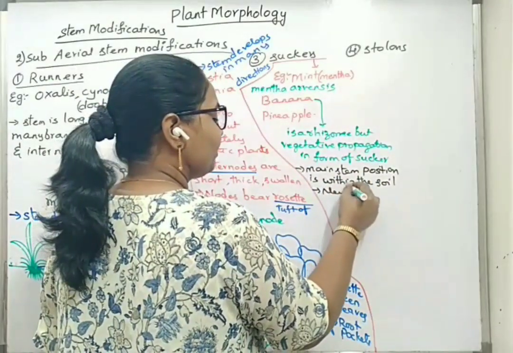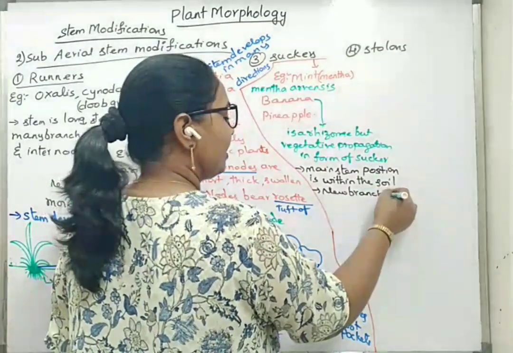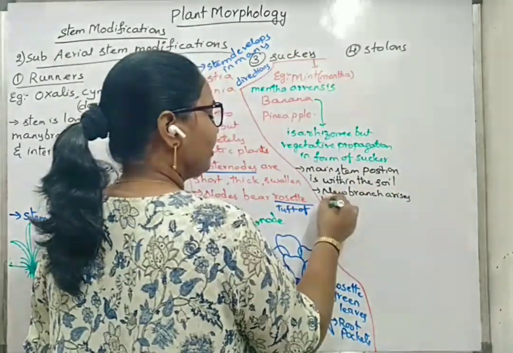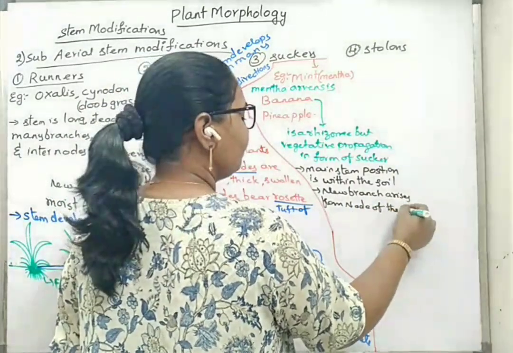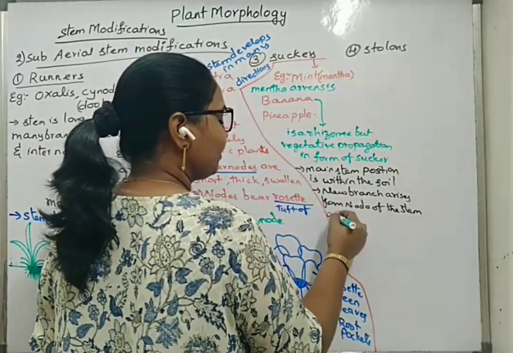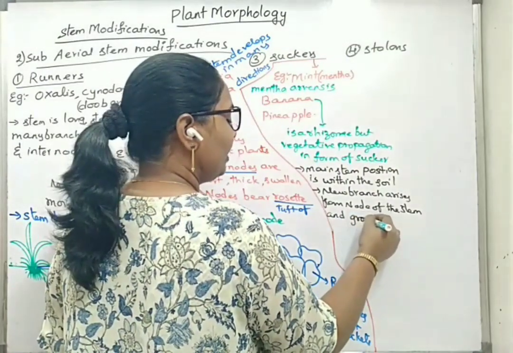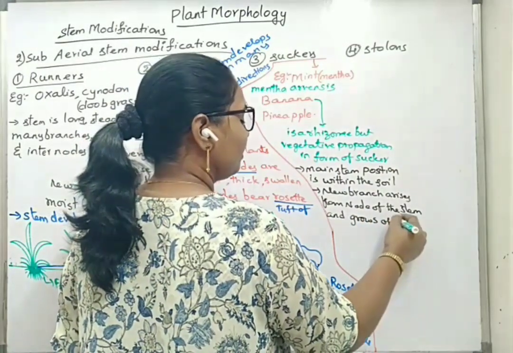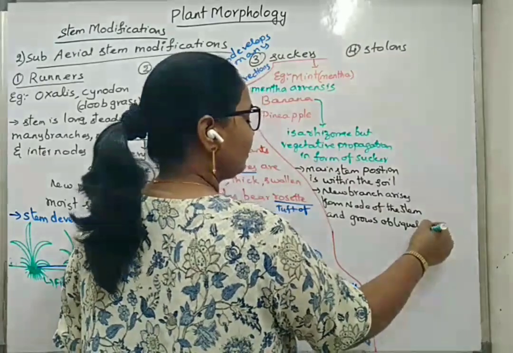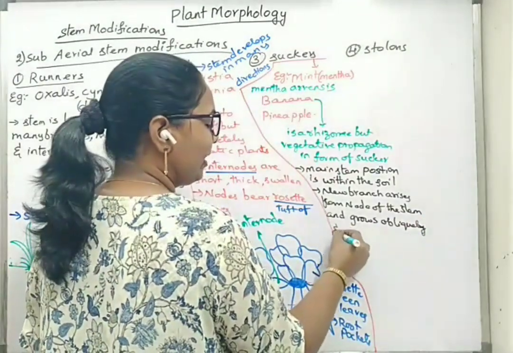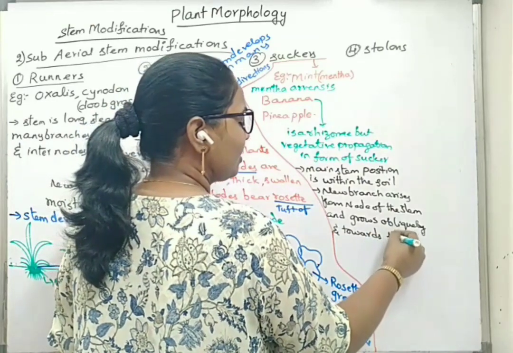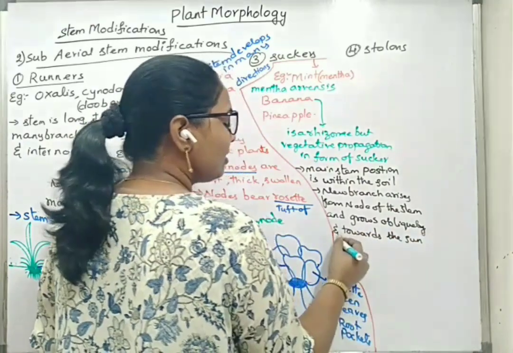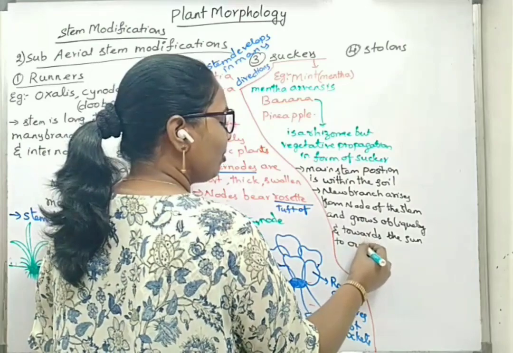A new branch arises from a node of the stem and grows obliquely and towards the sun, means to outside of the earth layer.